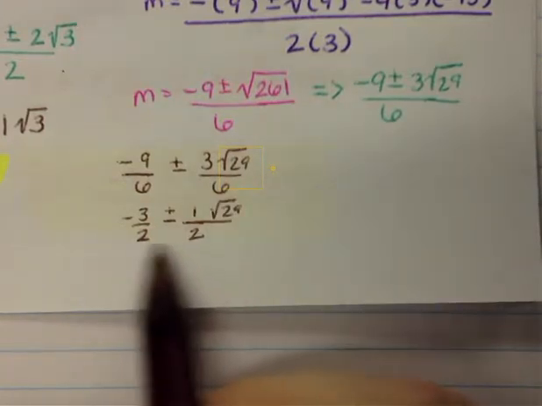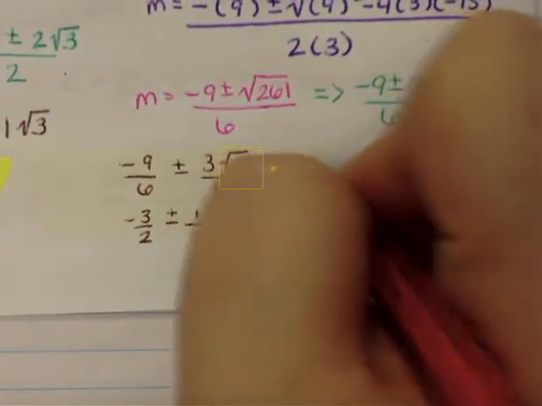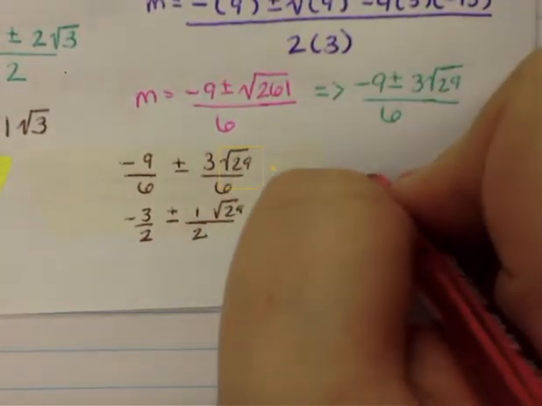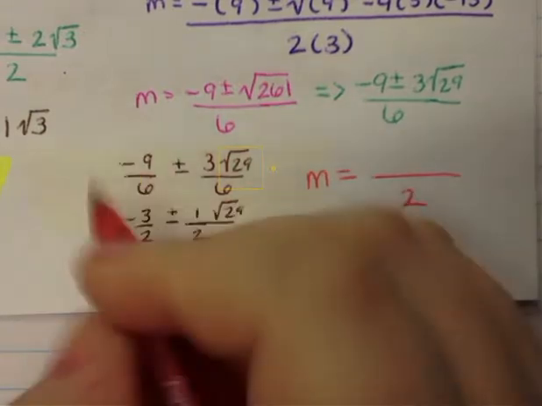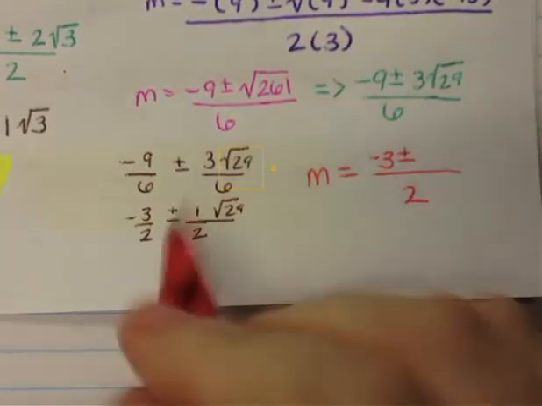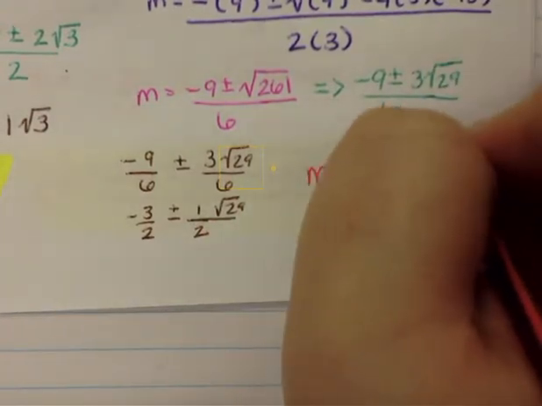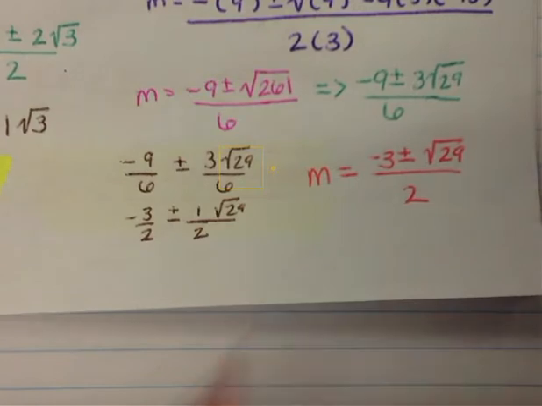And because these already have the same denominator, we can put them back together. So our answer will be m equals, it's going to be all over 2. We're going to have negative 3 plus or minus square root of 29, all over 2.